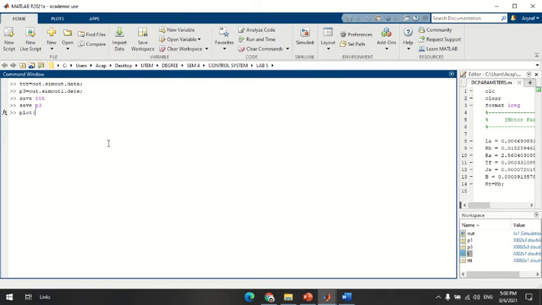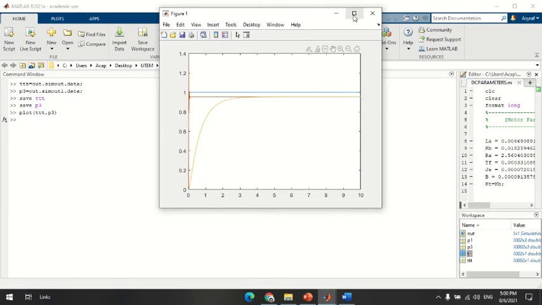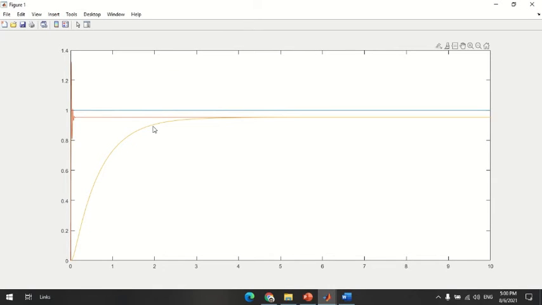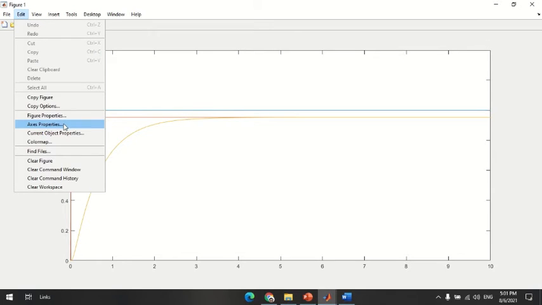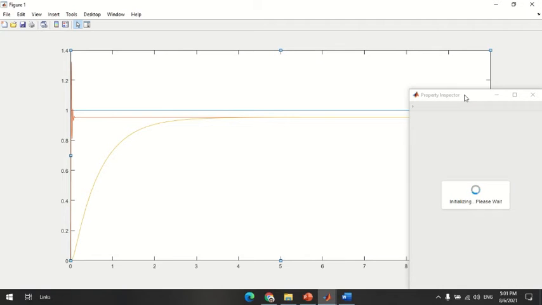Next, we plot the result for P3, and this is the plain result that we get from the simulation model, and we can adjust the parameters or properties to get the result more easily.